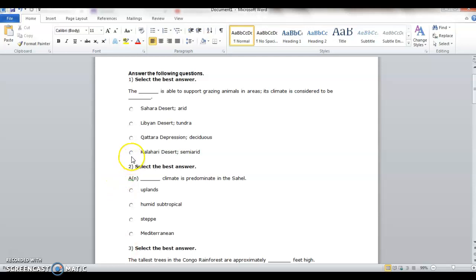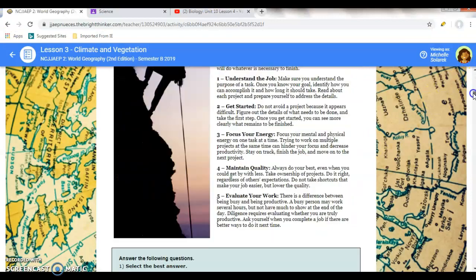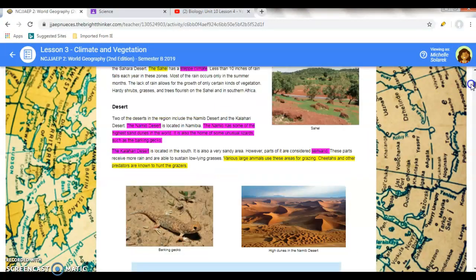Oh yes, this is Kalahari Desert and semi-arid. So we're going to go ahead and click that. There we go. And you can actually find that at the bottom where we talk about the deserts. So it's the Kalahari Desert located in the south, and some parts are considered semi-arid, and then the various large animals use these for grazing. So we found that.